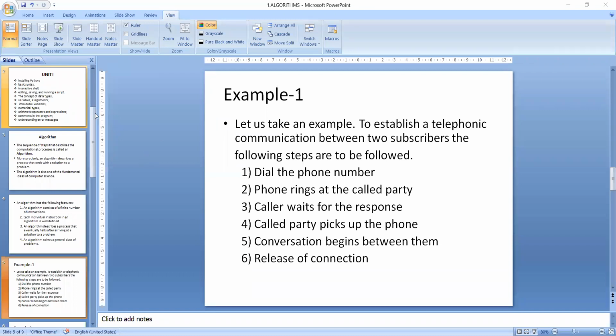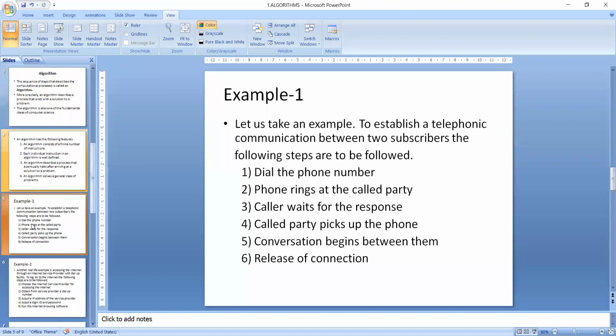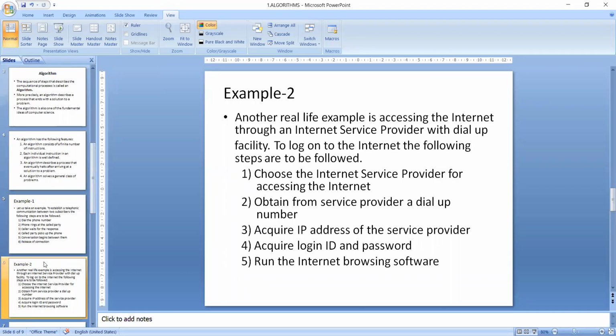Next, let us see the second example. This is another real life example. If you want to communicate through the internet, what requirements must you have? Another real life example is accessing the internet through an internet service provider with dial-up facility.